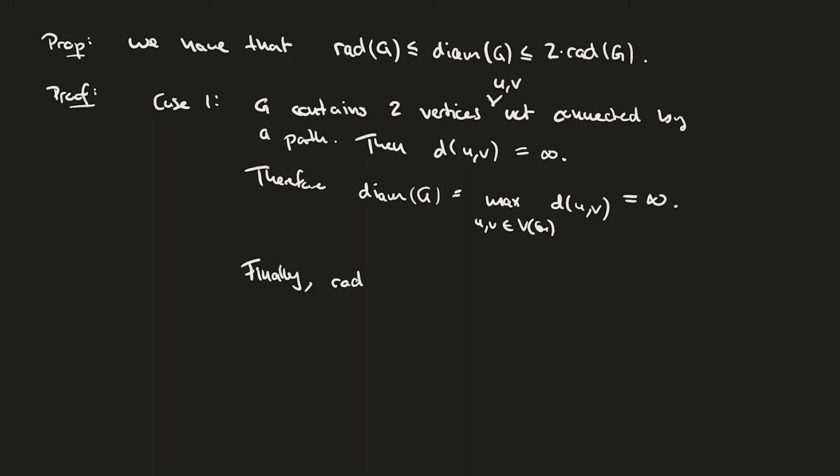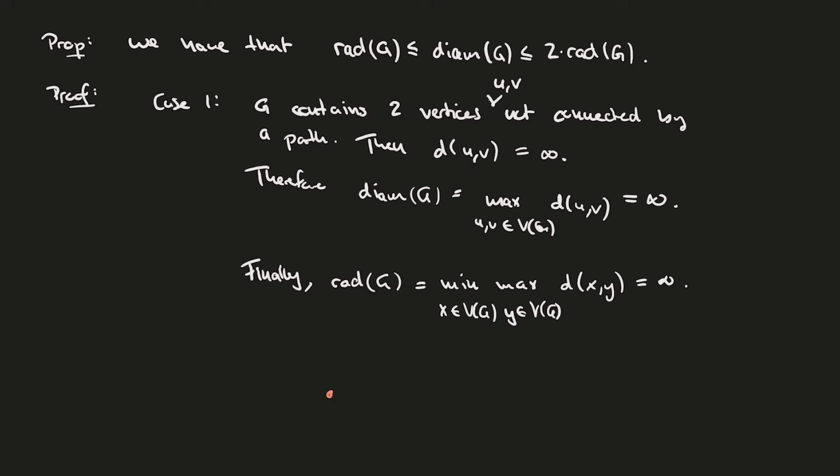Finally, the radius of G, which is the minimum over vertices x in the vertex set of G of the maximum over vertices y in the vertex set of G of the distance between x and y, will also be infinite.